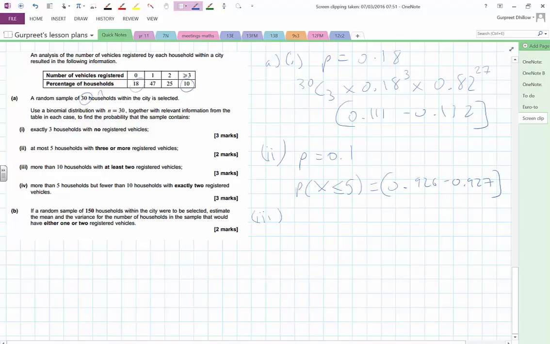Part 3, more than 10 with at least 2, so at least 2, now that means 2, 3 or more, so you're going to add up your 25 and your 10, so p is 0.35.